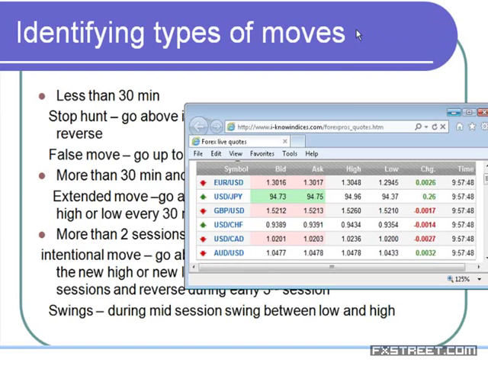And the reversal will always be an extended move quickly on the downside. If the rise is on the upside, then the extended move will be on the downside. If they make the rise by slowly cutting new highs for 2 sessions and the start of the 3rd session, it is an intentional move. Then an intentional move will always be alternated with an extended move for 2 hours.